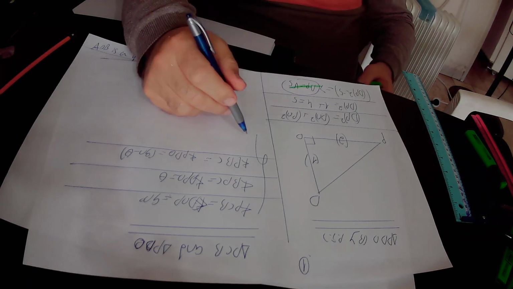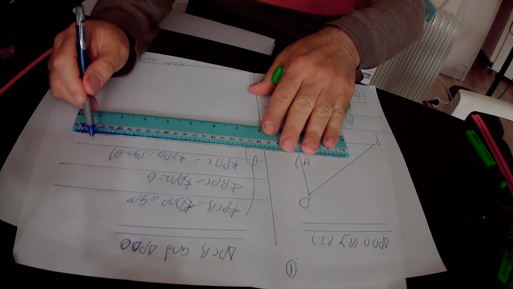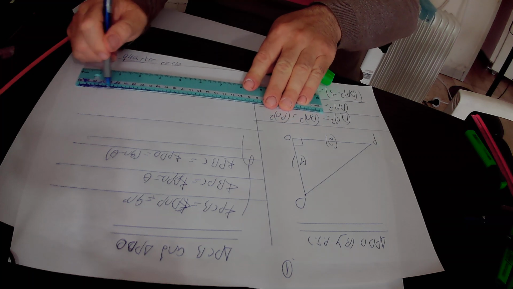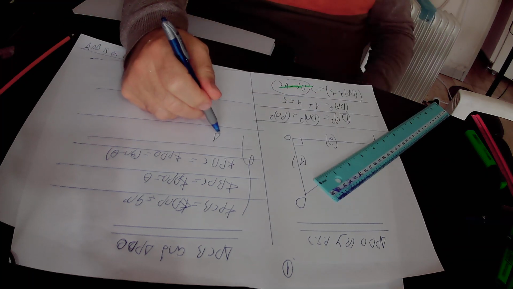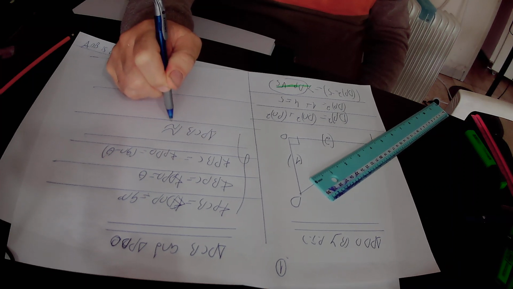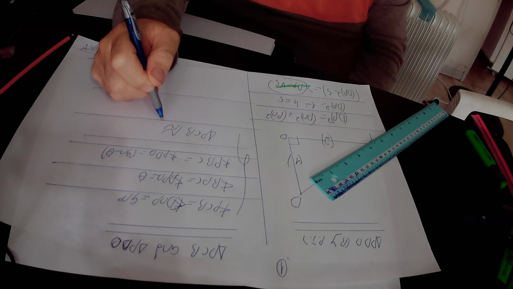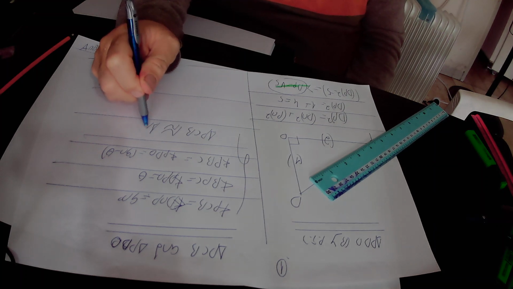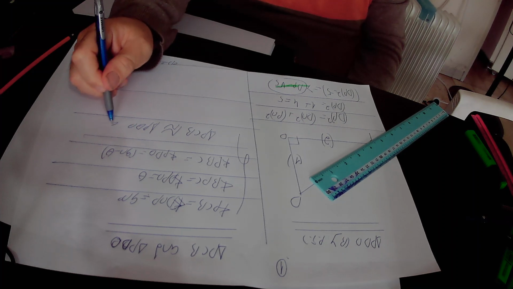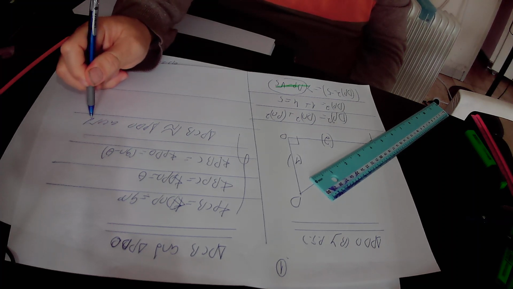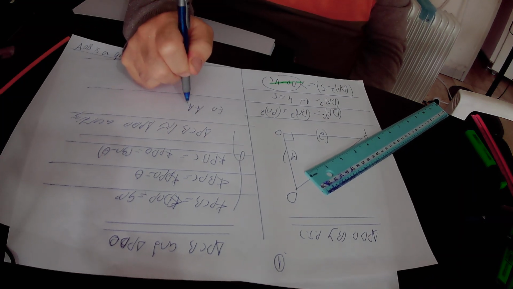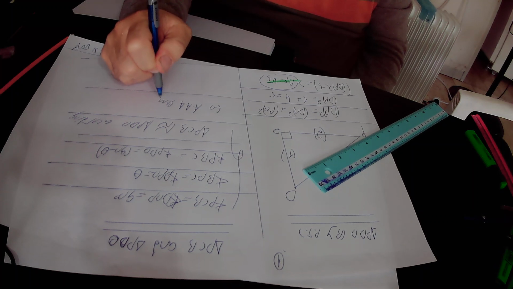We actually found out that the right big triangle PCB is similar, this is the sign of similar, to the right small triangle PDO according to angle similarity rule.